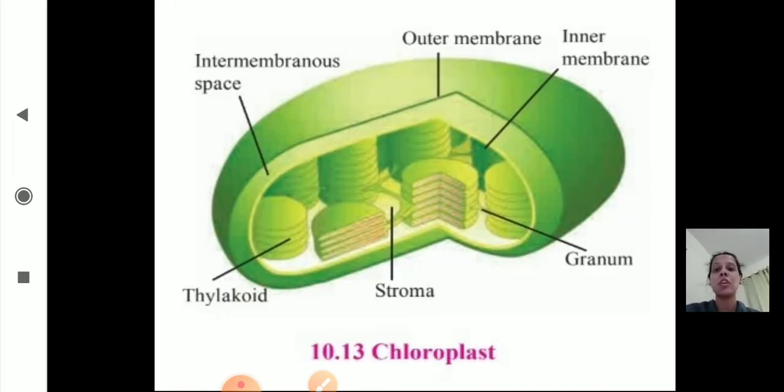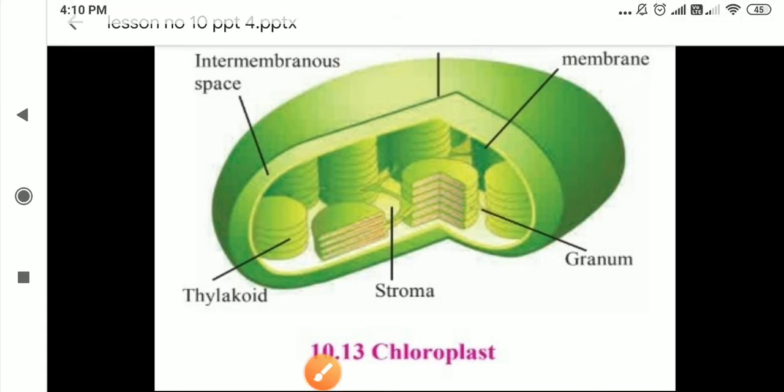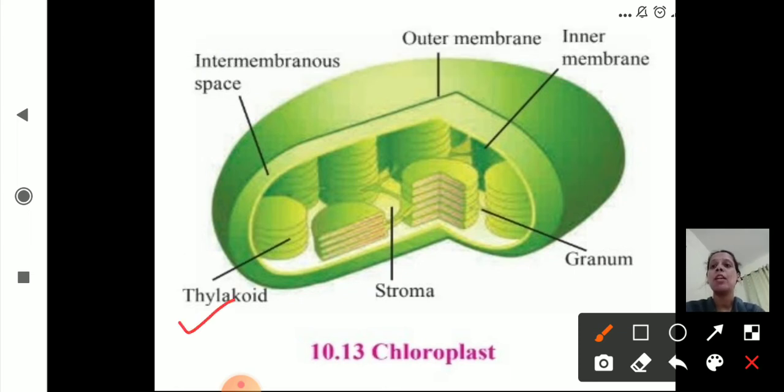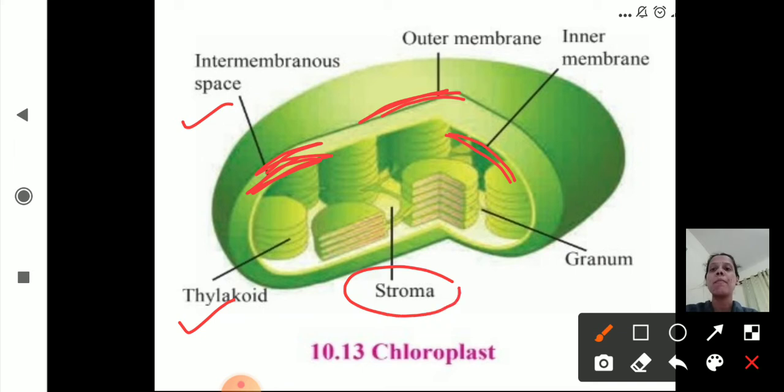Now this is the structure of chloroplast. As you can see here, this is the thylakoid, this is the outer membrane and this is the inner membrane, and the space between the outer membrane and inner membrane is the intermembranous space. This is the stroma and this is the granum.